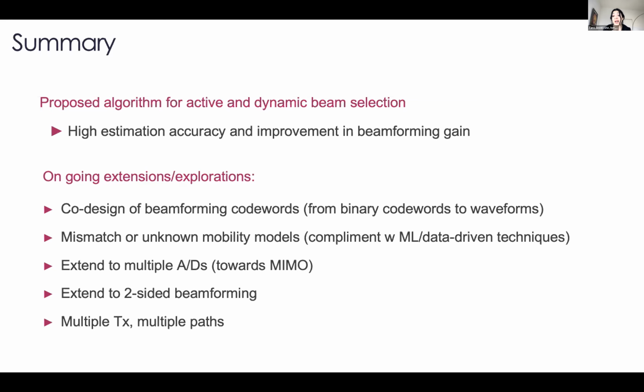I would like to argue that the right way is to separate learning the mobility model, which is a really good problem for data-driven techniques because the mobility models can be really improved, while the physics-based and information-theoretic way of thinking about beamforming is really the right way to capture the physics. This is some work we're doing, trying to use ML techniques to learn the mobility and then feed that mobility into the model.